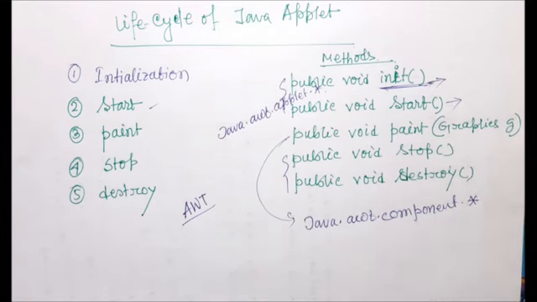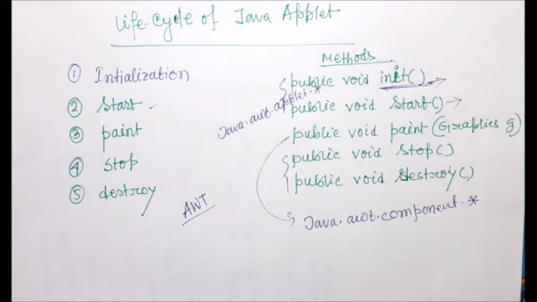So let me think about the situation where the window in which the applet is running may be overwritten by another window and then uncovered, or the applet window may be minimized and then restarted. So paint is also called when the applet begins execution.